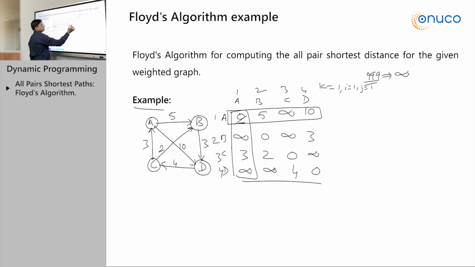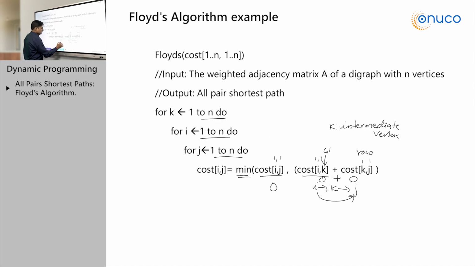We are representing these values, hence no change. But when k is 1, i is 1, j is 2, we are talking about this path. So the value is already 5. If this value is 5, then we are going to find the indirect distance. ik is 1 1, because i is 1, k is 1, no change in i and k, so it is 0, plus cost of kj, k is 1, j is 2.